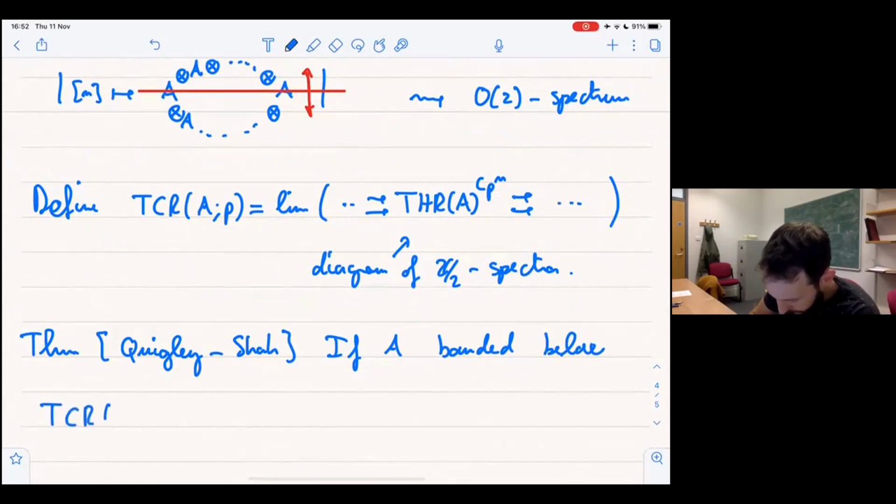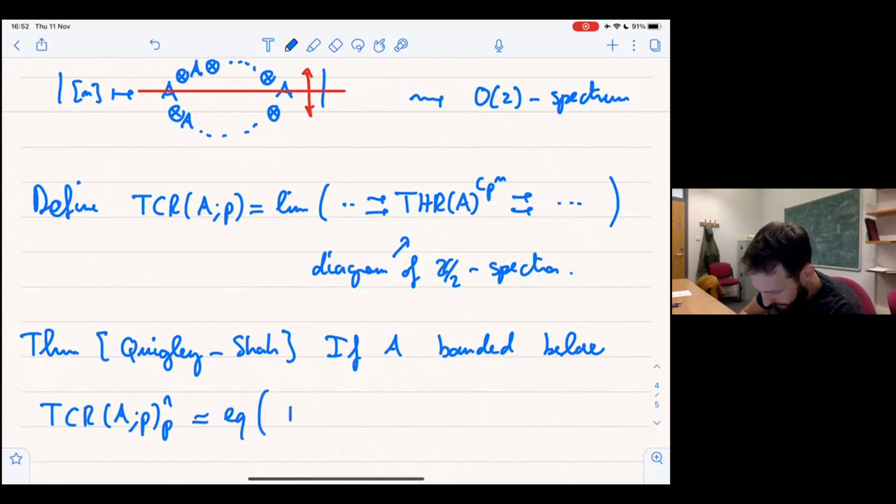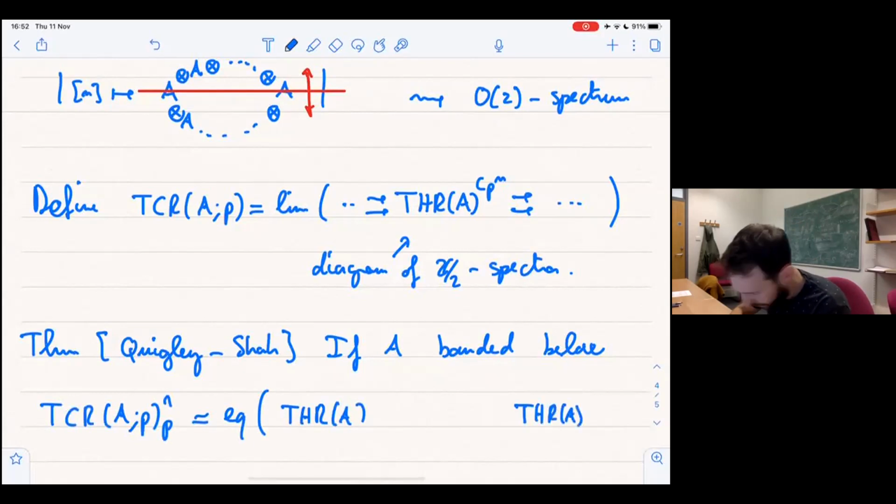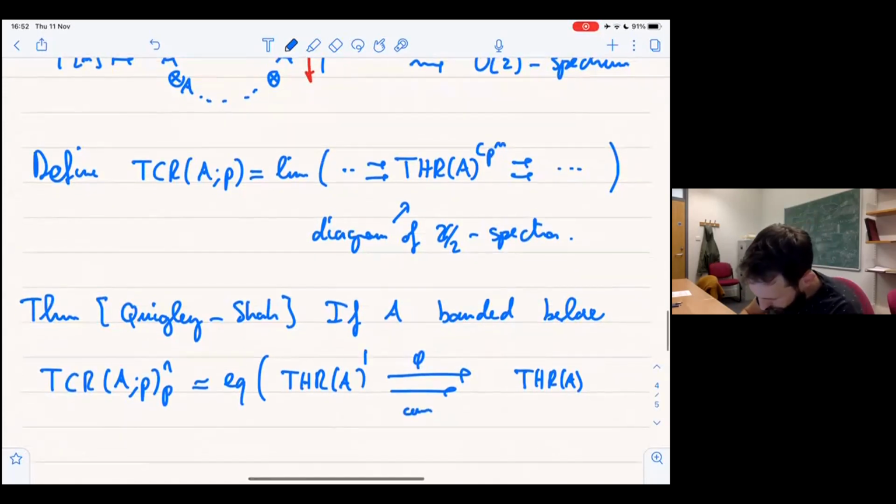So I'm going to write that this real TC at p, this p-completed, is the same as an equalizer of, again, two maps, Frobenius and canonical. And then you need to be super careful how you set this up, but I'm going to just write the same thing.